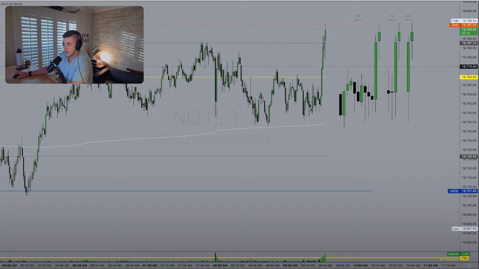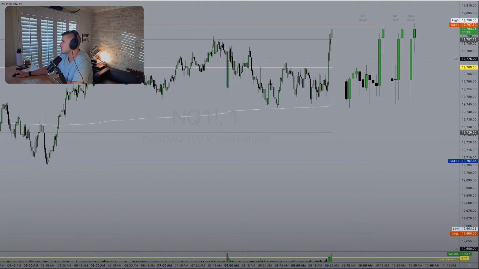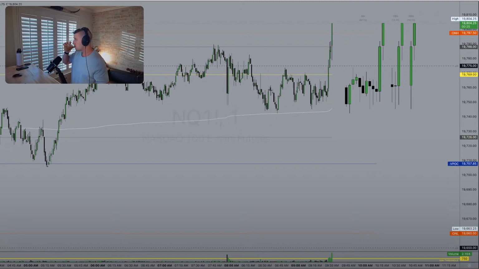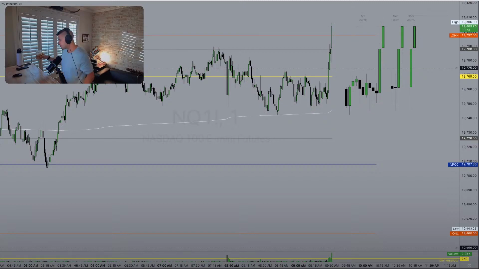NQ bumping into that overnight high. So overnight high 797 for NASDAQ, NQ.